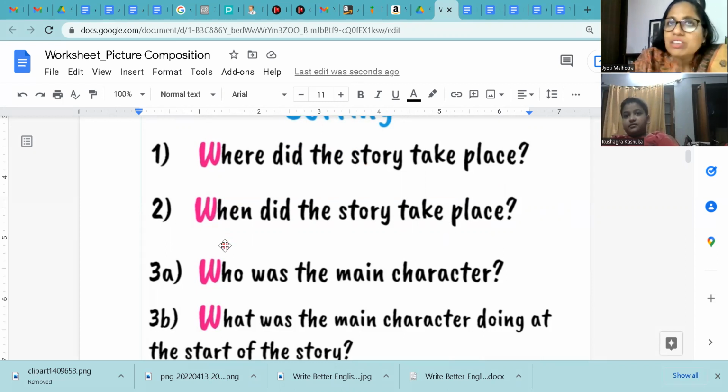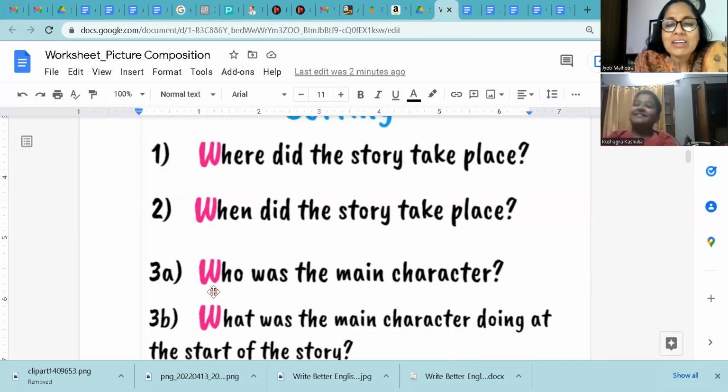When do you think the children line up for food in a school? What time do you think it might be? During the break time. Yes, during the break time. Now, this is something which you will have to invent. In this story, this girl seems to be the main character. Can you give a name to this girl? Shweta. Okay, Shweta. All right.